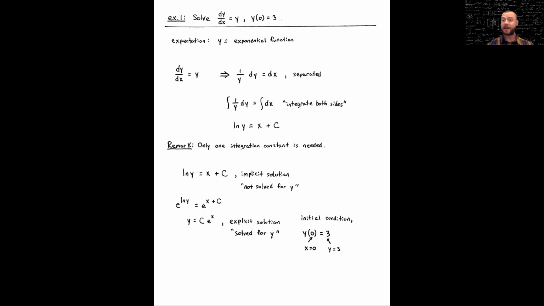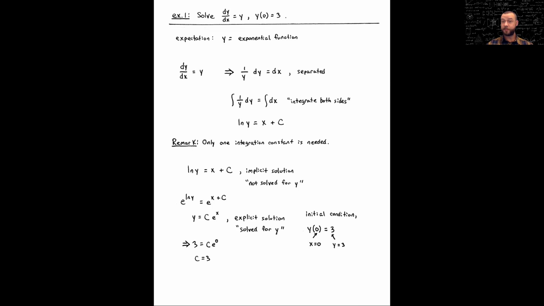It's a kind of hybrid function notation, reminding you that y is a function of x. So if we go over to the explicit solution, we're going to plug in x as 0 and simultaneously y as 3. That should give you a way to then solve for c.